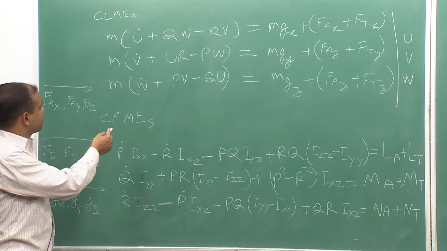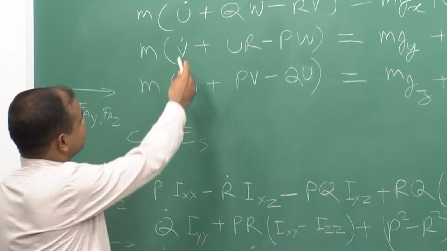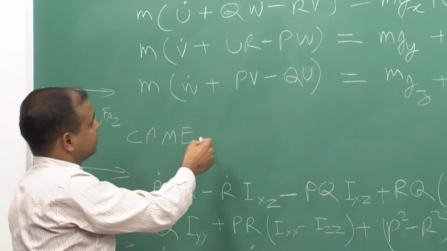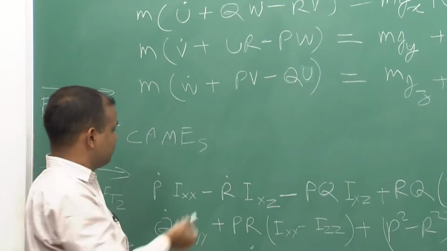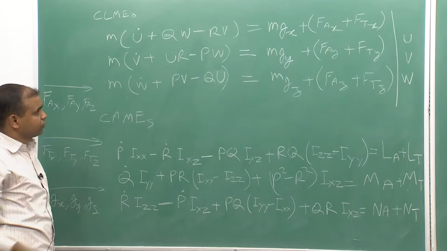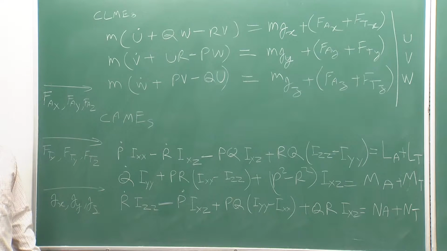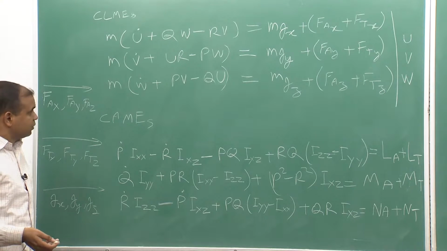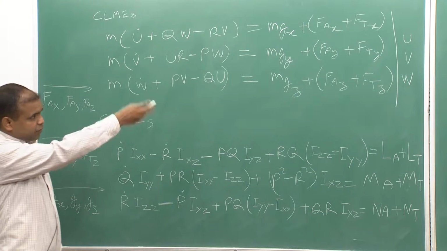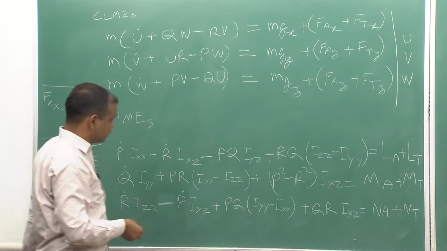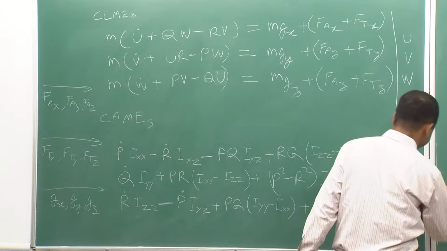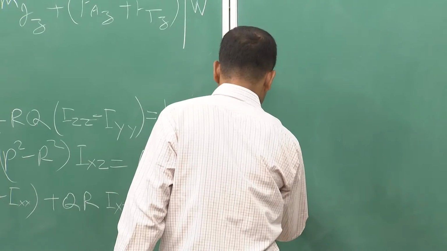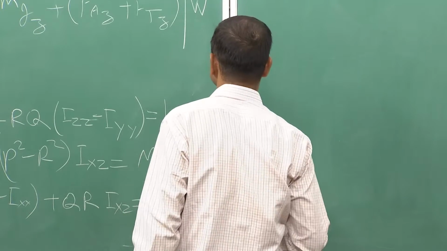If you see, the u dot is here and u is utilized here, similarly with w and v also, and this set of equations also. So, you can solve using any numerical method, and finally, you will get u, v, w, and from solving this set of equations you will get p, q, and r.